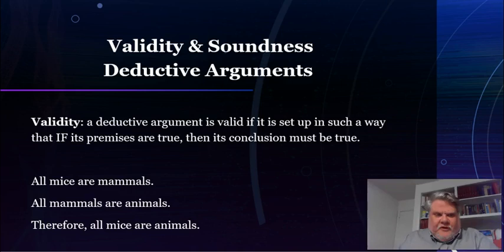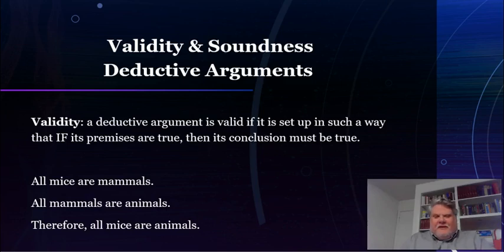Here's the definition of validity. A deductive argument is valid if it is set up in such a way that if its premises are true, then its conclusion must be true.